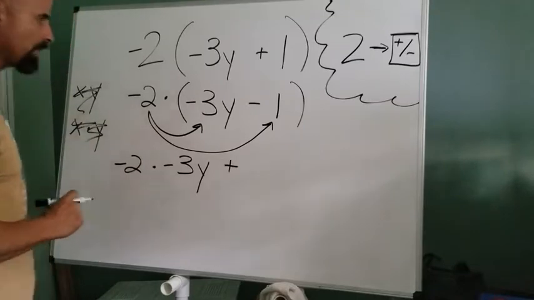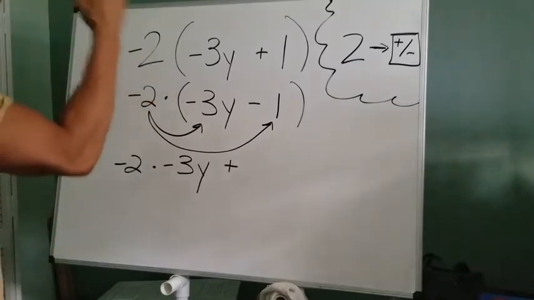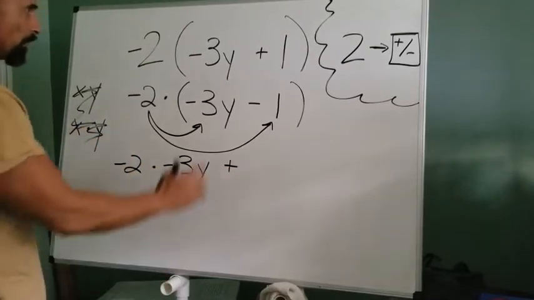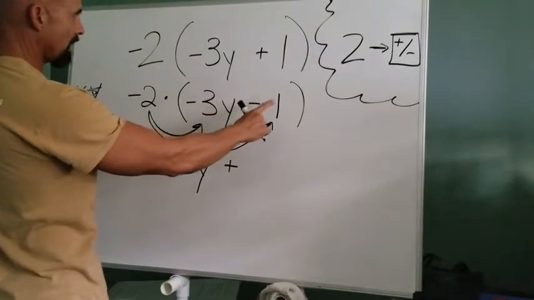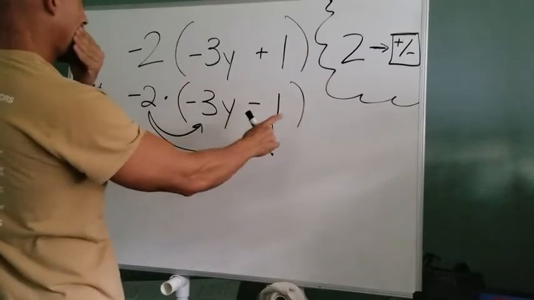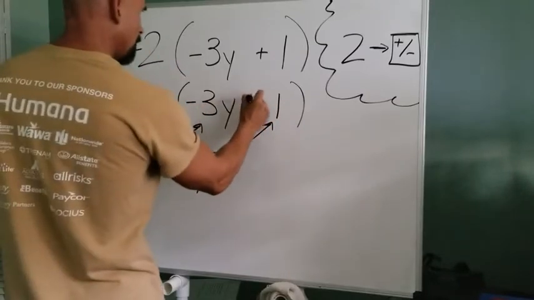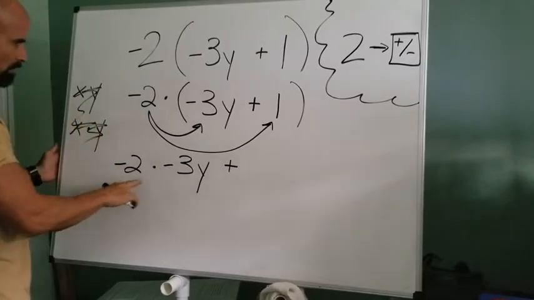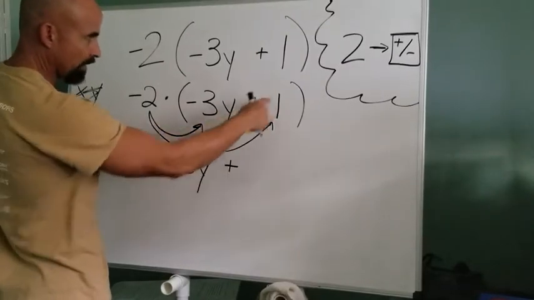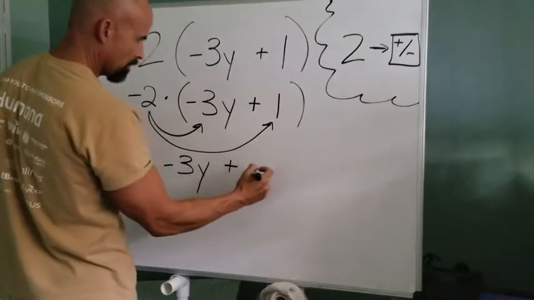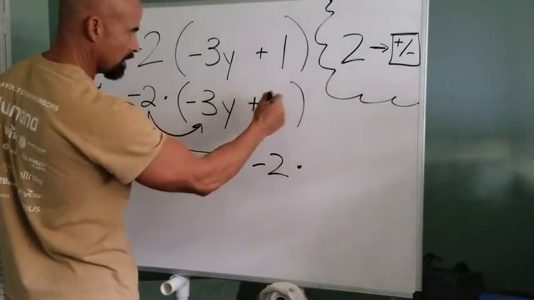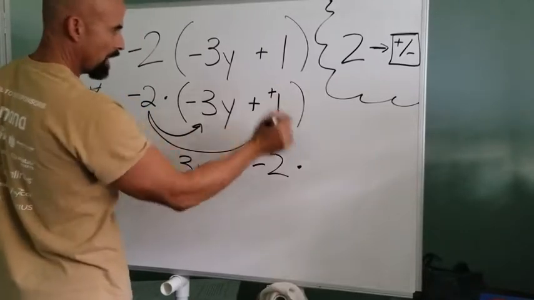It is always plus if you do it using this process. Always an addition sign, because we're going to take the negative sign. Shoot, I had a +1 there. So again, it's always going to be plus here, even if that was -1, because we would just say -2 times, and then that would be plus +1.